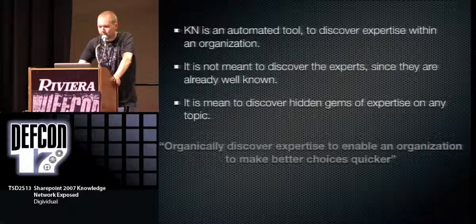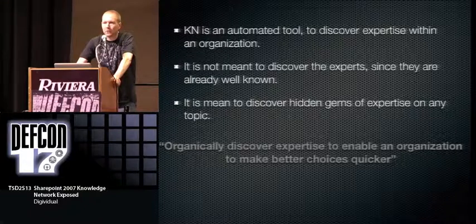It is not meant to really tell you who is an expert in an organization because that's already fairly well known and established. The idea is to establish secondary and tertiary sources of information, or sources of information that you did not know that the company had. This is for a high level for managers, things like that.